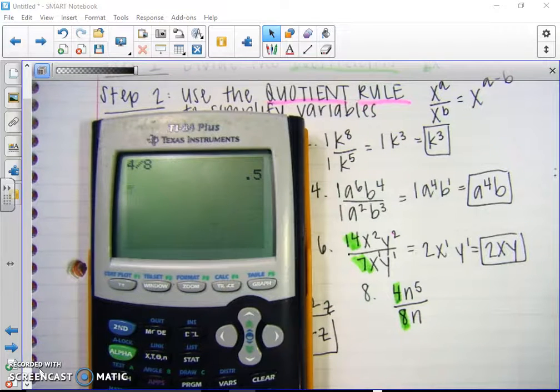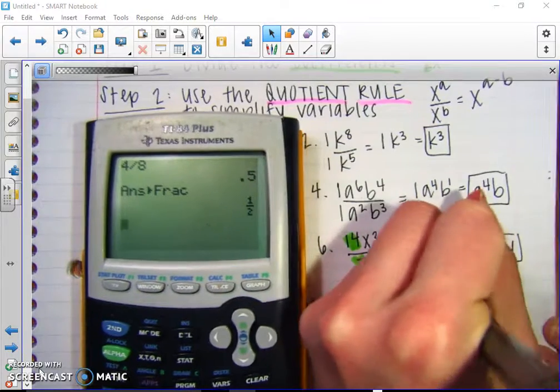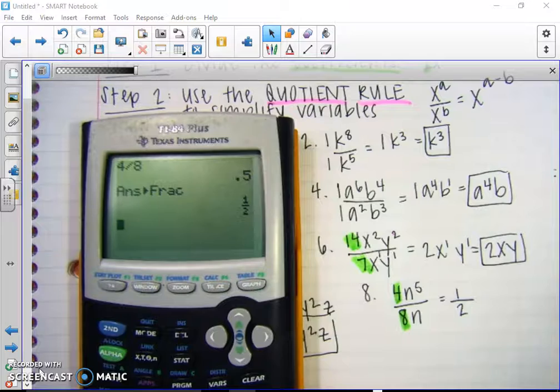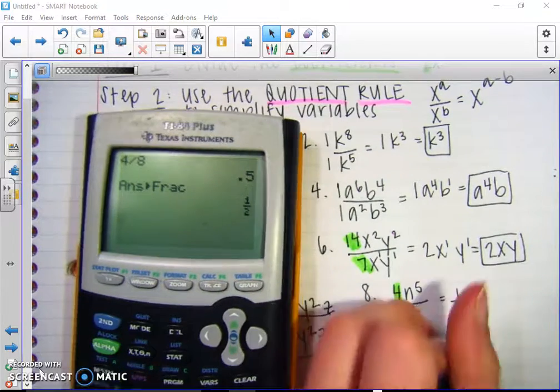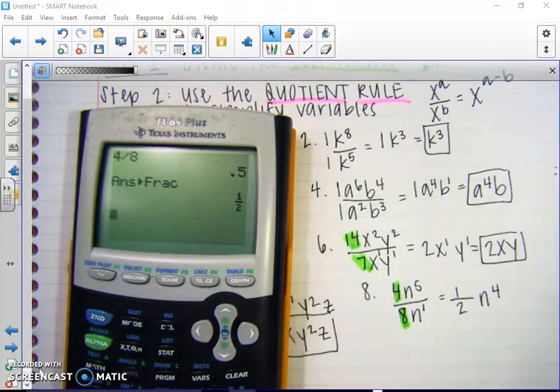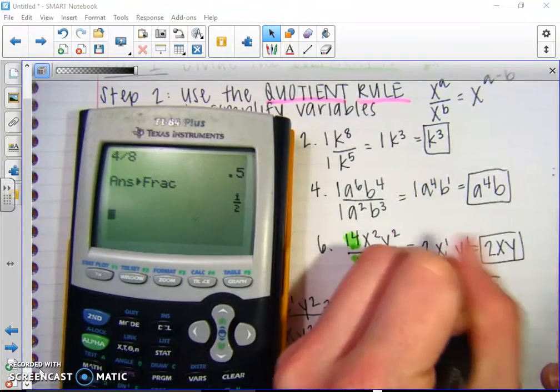So how do we convert a decimal to a fraction? If you remember, we go to math on our calculator. It's the math button under alpha, and enter, enter. So that will turn 4/8 into a reduced fraction, 1/2. And then n to the 5th divided by n, which is just n to the 1, would leave us with n to the 4th. So our final answer is 1/2 n to the 4th.